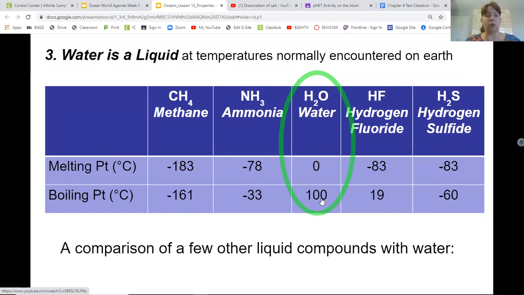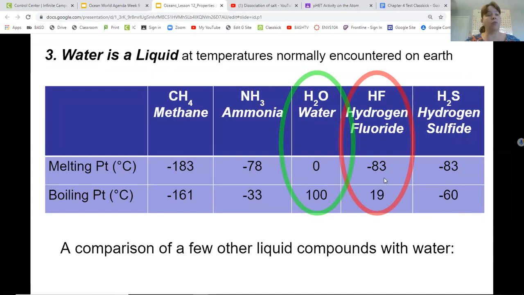Room temperature is about 20 degrees Celsius. So you can see here that water at 20 degrees Celsius is a liquid. The only other one is hydrogen fluoride, but even here you can see that it's really not in the range of what we normally see on Earth.